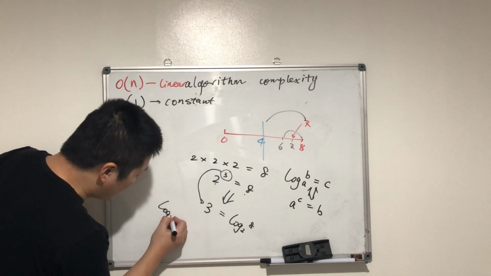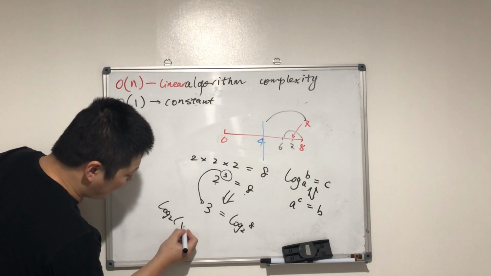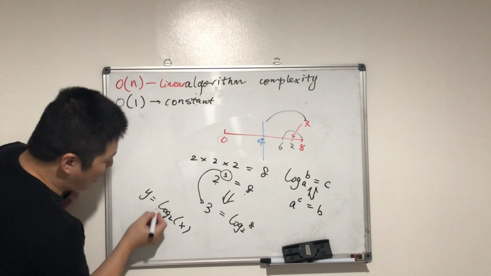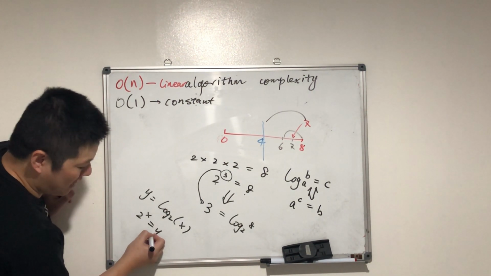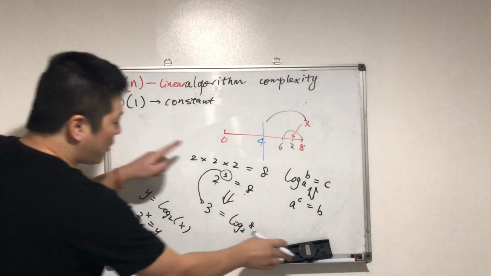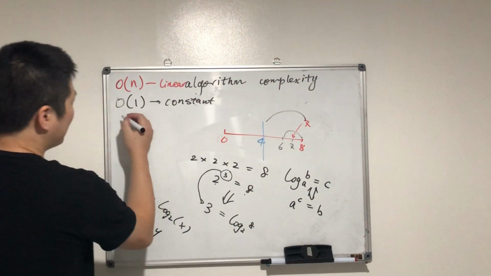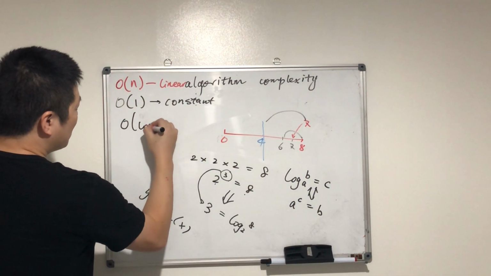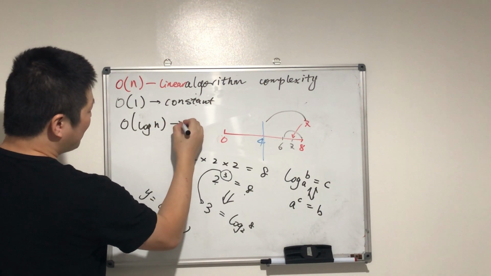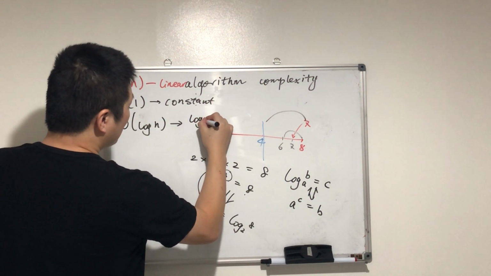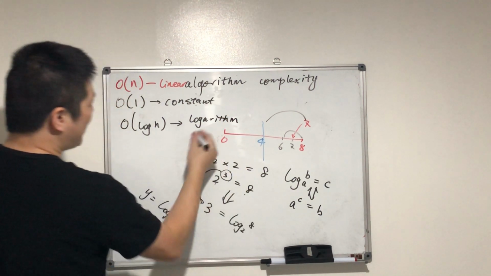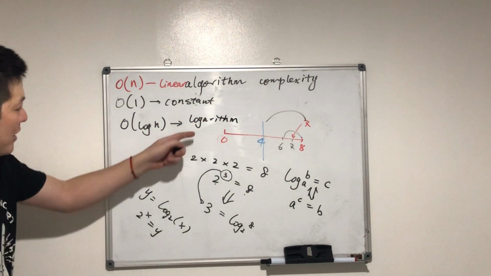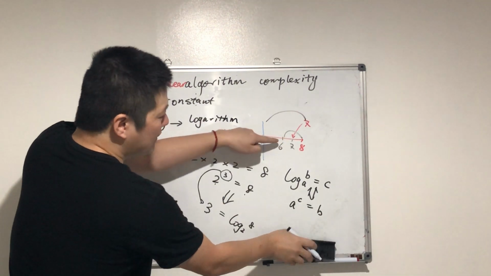Log 2 is a function: y equals log 2 of x means 2 to the power of y equals x. So the complexity for this is O(log n), which we call logarithm. So basically it's for the binary search.